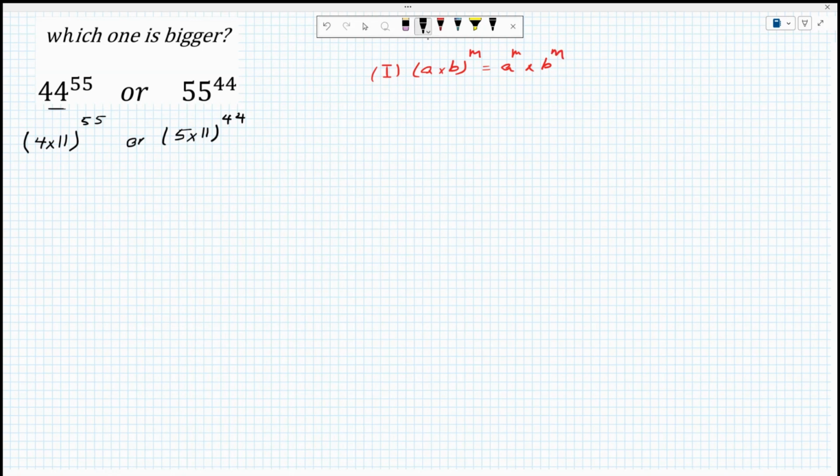As per this rule, here we can write 4 to the power of 55 multiplied by 11 to the power of 55, and on the other side, similarly, we can write 5 to the power of 44 multiplied by 11 to the power of 44.